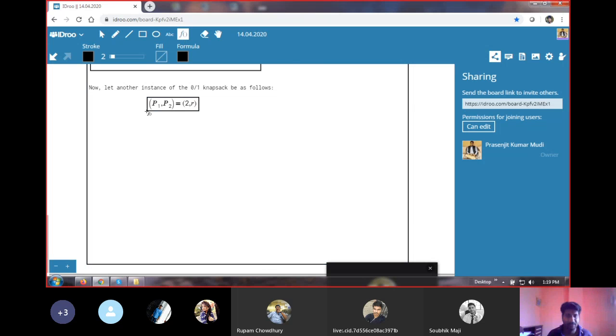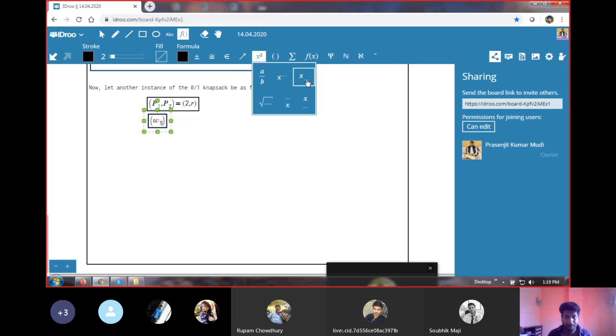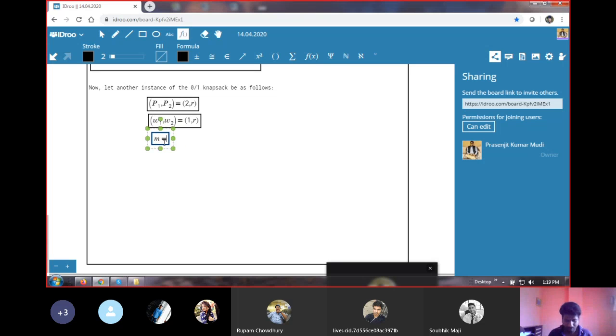Very good observation, we can come up with understanding. W1, W2 is given as equal to, let's say, 1 over R, and let's say we are also given that m equal to.